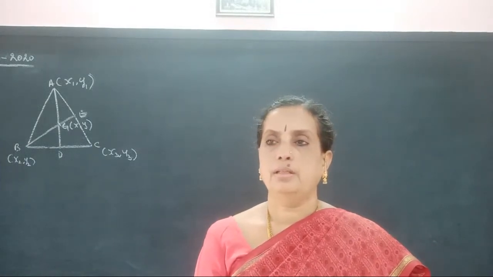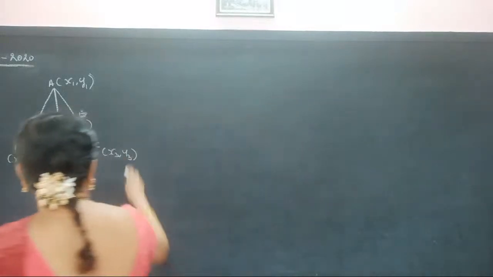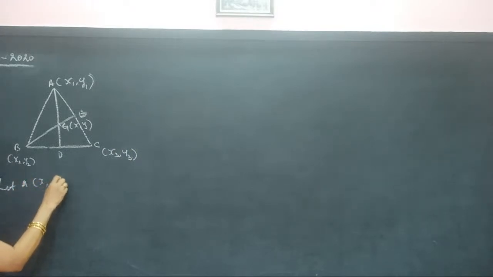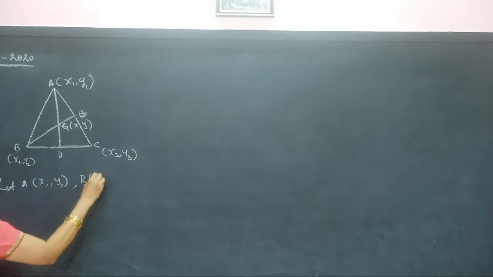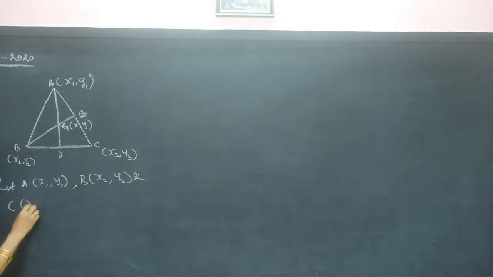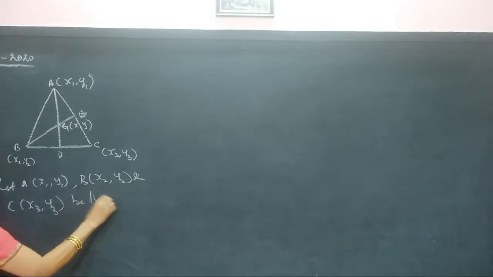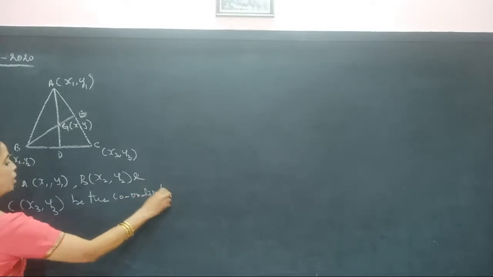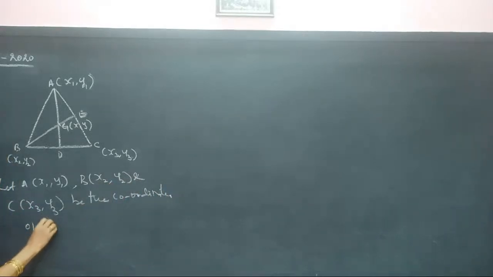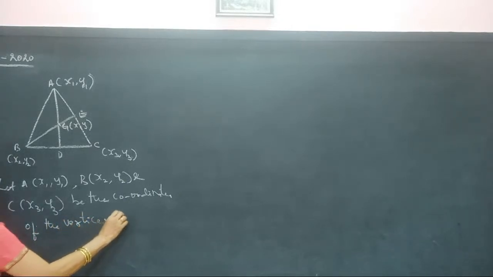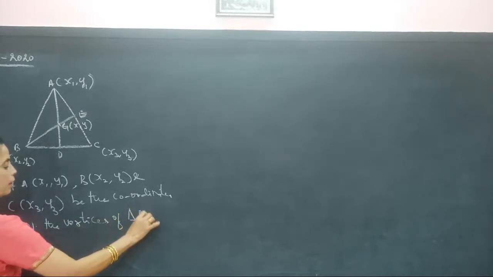Taken the figure. Now write that A x1 y1, B x2 y2 and C x3 y3 be the coordinates of the vertices of triangle ABC.